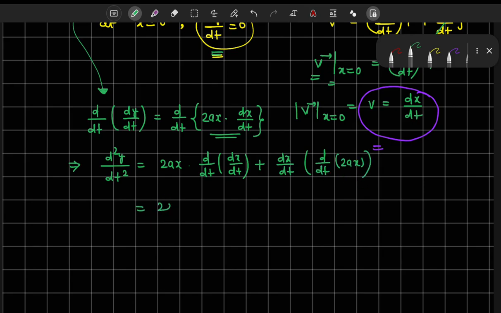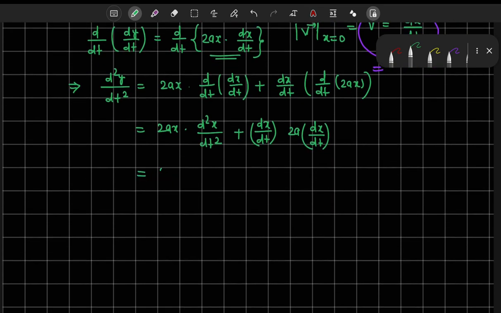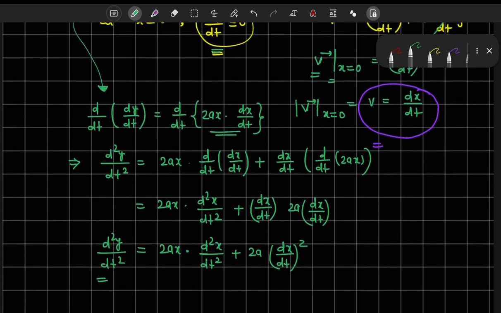So we will get 2ax times d square x upon dt square plus, here we will get dx upon dt as it is into 2a times dx upon dt. So finally we will get 2ax times d square x upon dt square plus 2a times dx upon dt whole square. So this is the expression of d square y upon dt square we got.